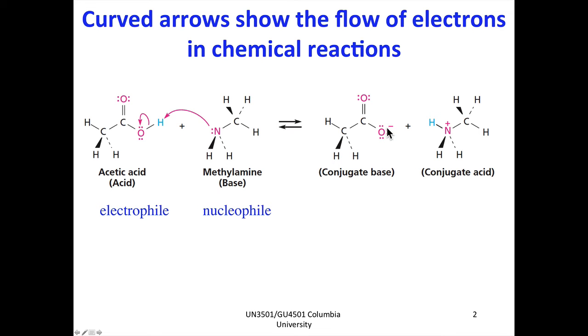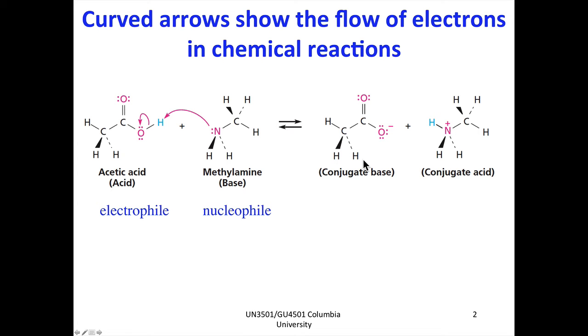And now if we were to run the reaction in reverse, the conjugate base, acetate now, would act as the nucleophile because the electrons are on the oxygen. We could draw an arrow grabbing the proton, and then the electrons in the hydrogen-nitrogen bond would go onto the nitrogen with that arrow.